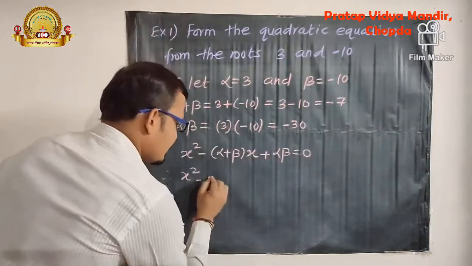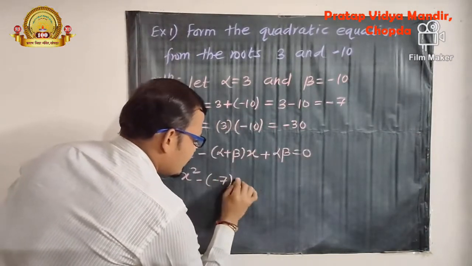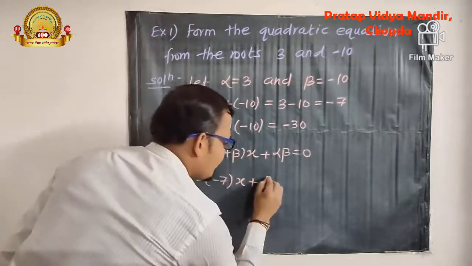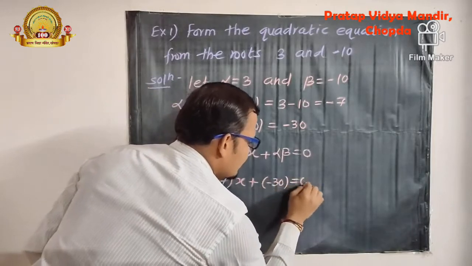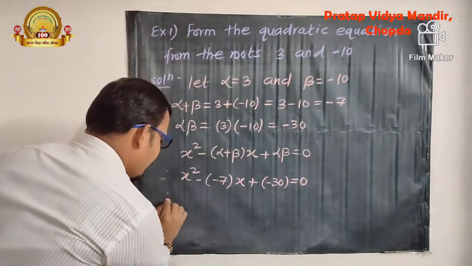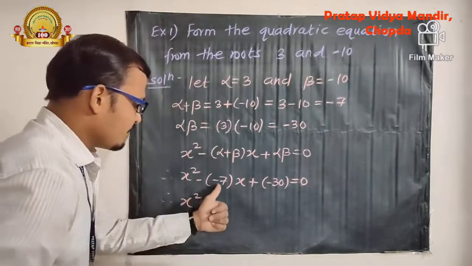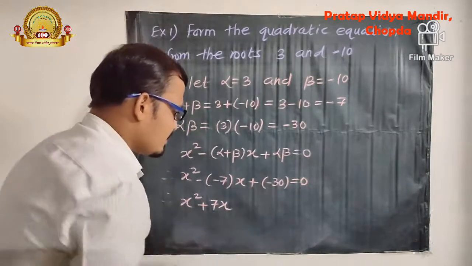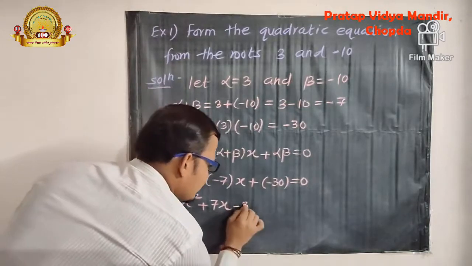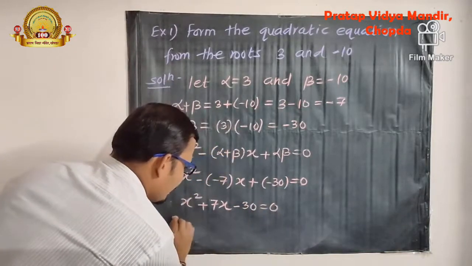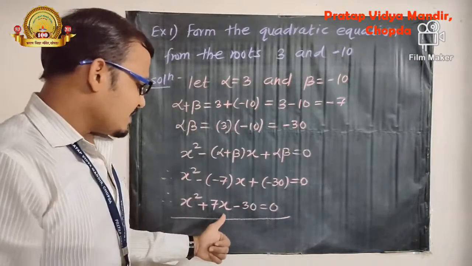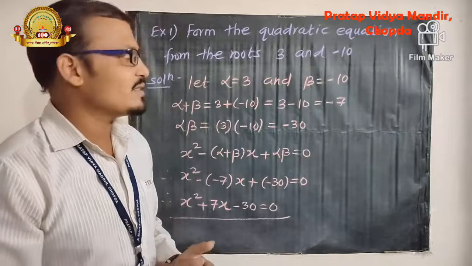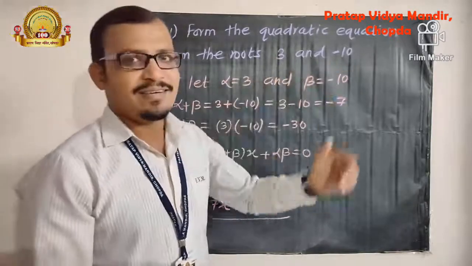Alpha plus beta is minus 7 into x plus value of alpha into beta is minus 30 is equal to 0. Therefore we get here x square minus minus 7x plus into minus 30 is equal to 0, and x square plus 7x minus 30 is equal to 0 is our required quadratic equation of the given roots 3 and minus 10.